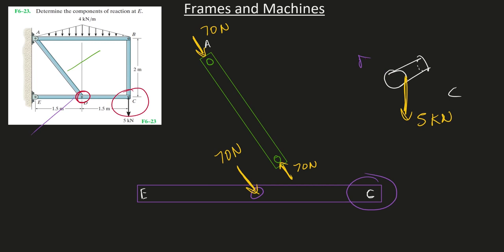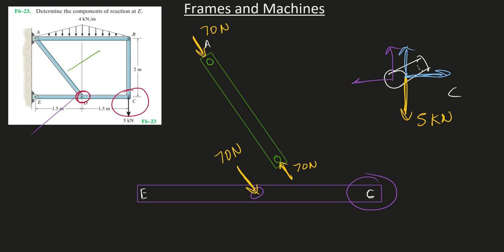So I'll just write an X and a Y component. And we also have a member up top that's connected, and that's going to be sort of a third force, which brings two additional components.